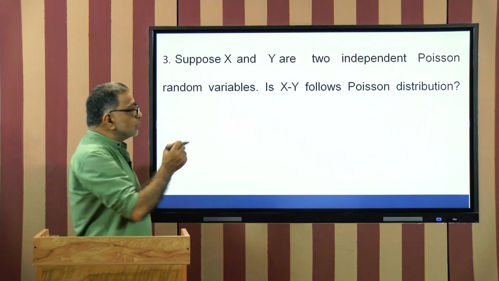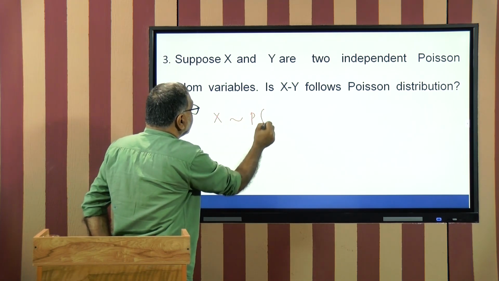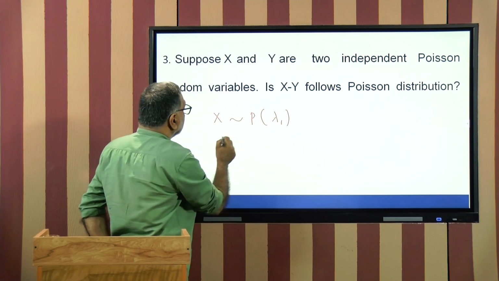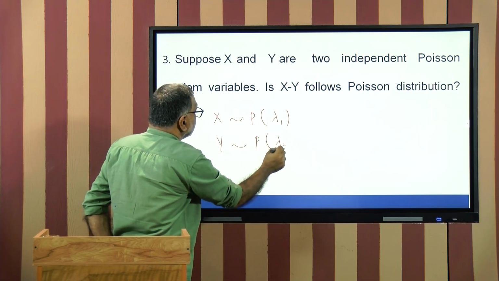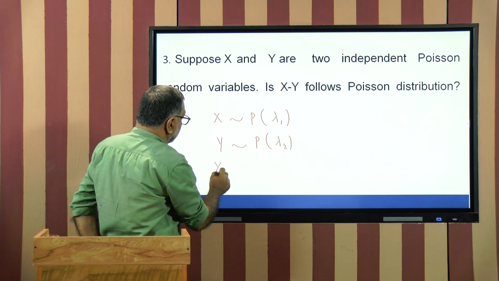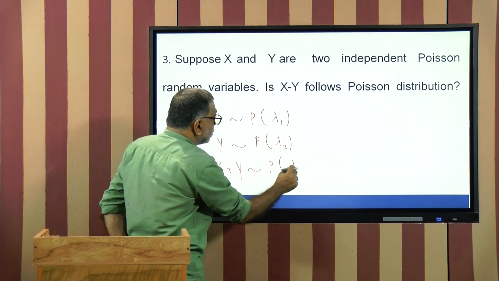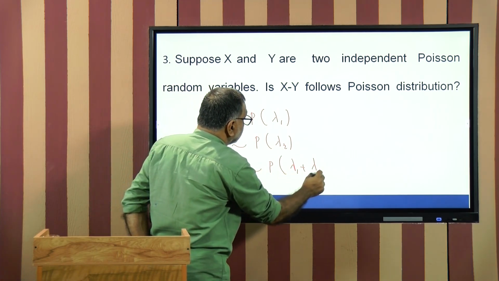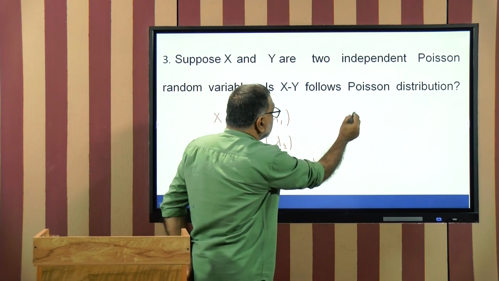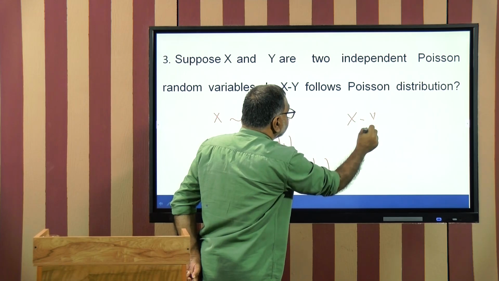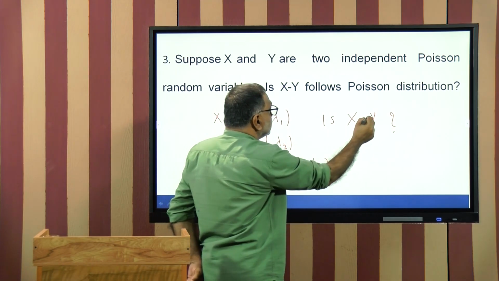Suppose x is Poisson with parameter lambda 1, and y follows Poisson with parameter lambda 2, and we have already established that x plus y follows Poisson with lambda 1 plus lambda 2. This is known as the additive property of the Poisson random variable. The question now is: is x minus y Poisson?